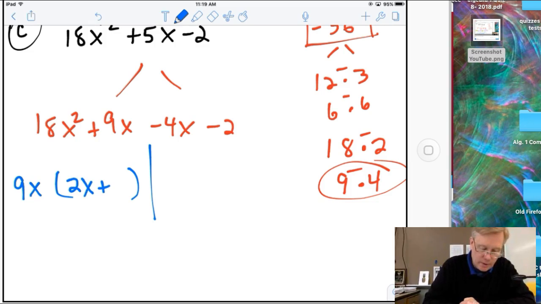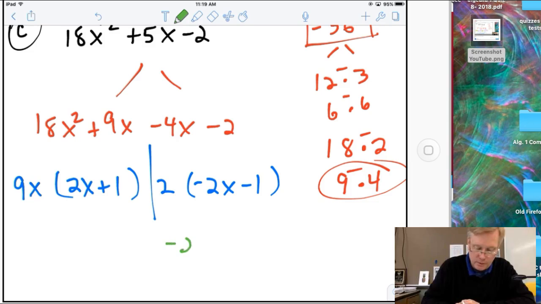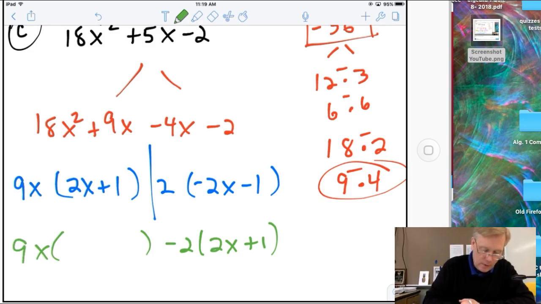Remember, 9x divided by 9x is 1. It's important to have that 1 there. And on this side over here, I can pull out a 2, and I'm left with negative 2x minus 1. Problem here is my parentheses don't match, so if I make this 2 outside the parentheses negative, I can then change both the signs in the parentheses, and my parentheses will match.